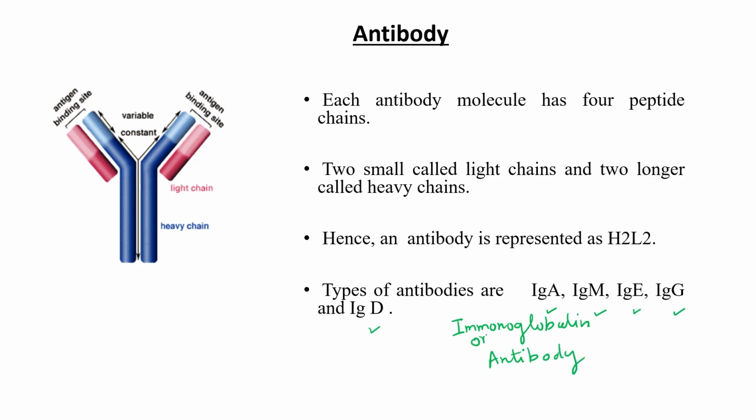Either immunoglobulin or antibody, both are the same. So we can use the term IgG as a symbolic name, IgM. That's why it is written over here: Ig means immunoglobulin, so IgM is immunoglobulin M or antibody M. Immunoglobulin M, immunoglobulin A, immunoglobulin E, immunoglobulin G, or immunoglobulin D.